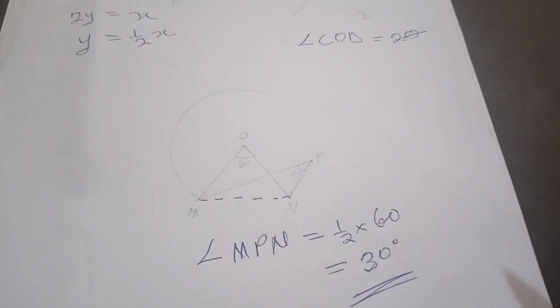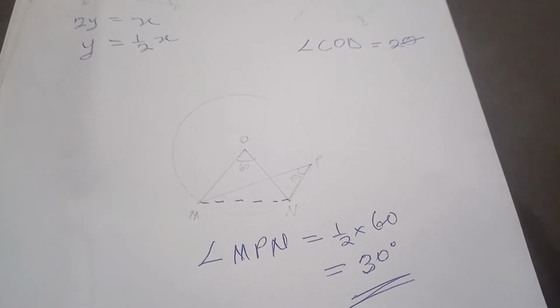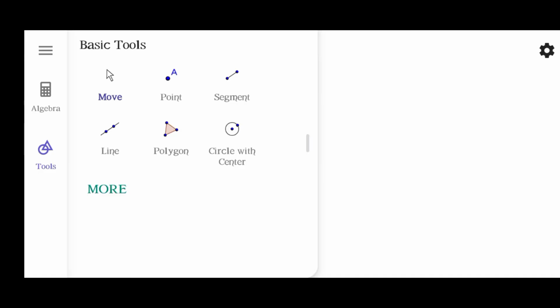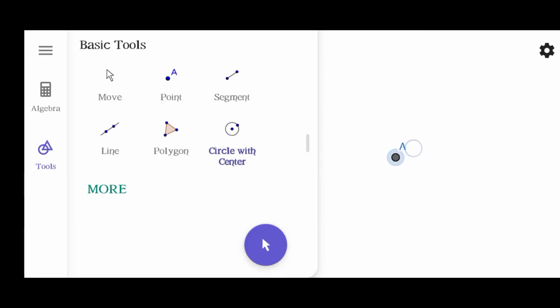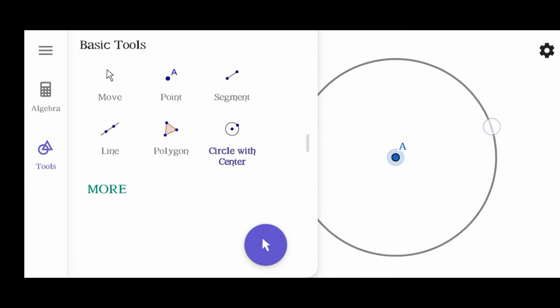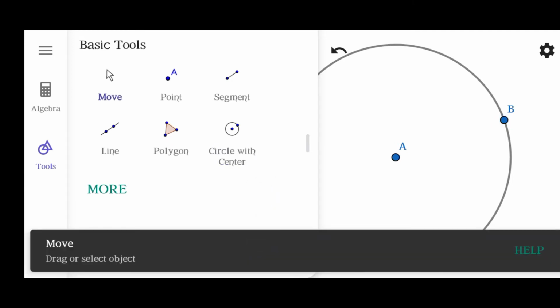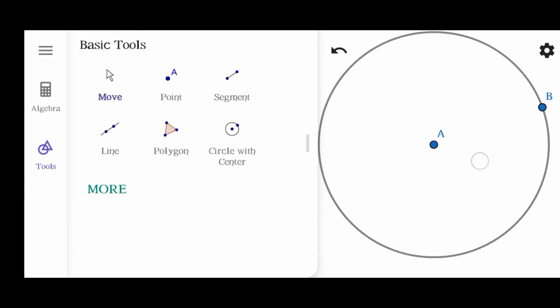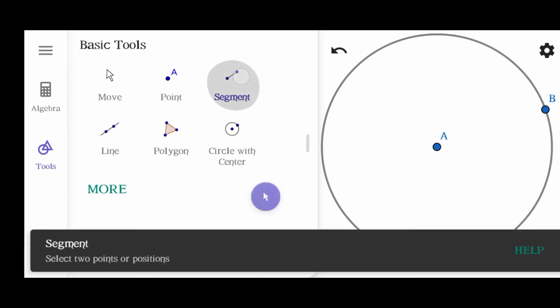Let's try proving the theorem using GeoGebra. This is our GeoGebra interface, and we'll sketch our circle quickly. So we have our circle with center A and a point B on the circumference.